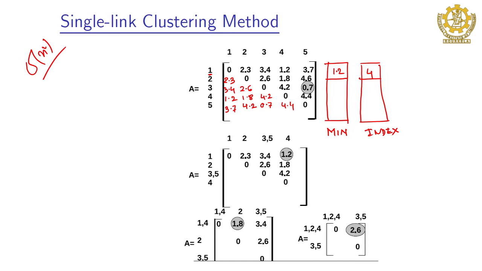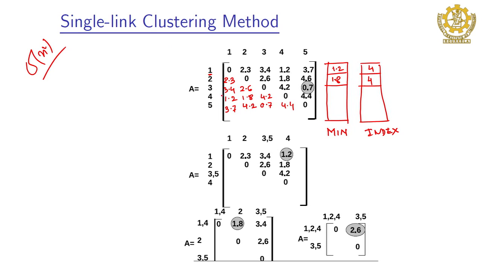Now, in the second row, similarly, when you compute the distance from 2 to all other points, you compute the minimum, except this 0; do not consider 0. Which one is minimum? 1.8. So you write 1.8, and the index is again 4.